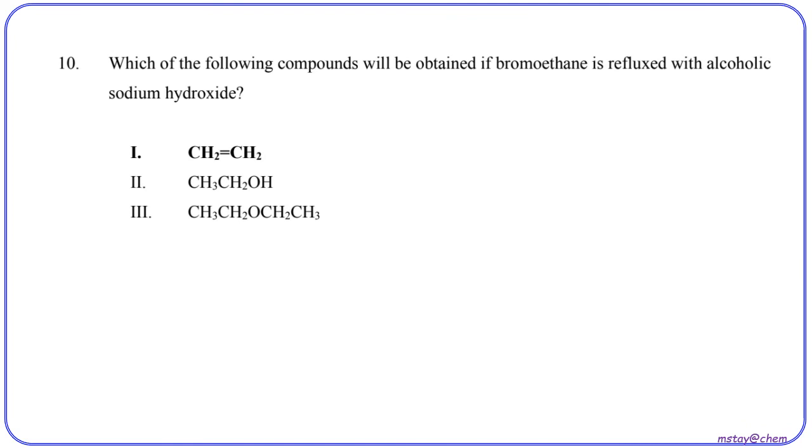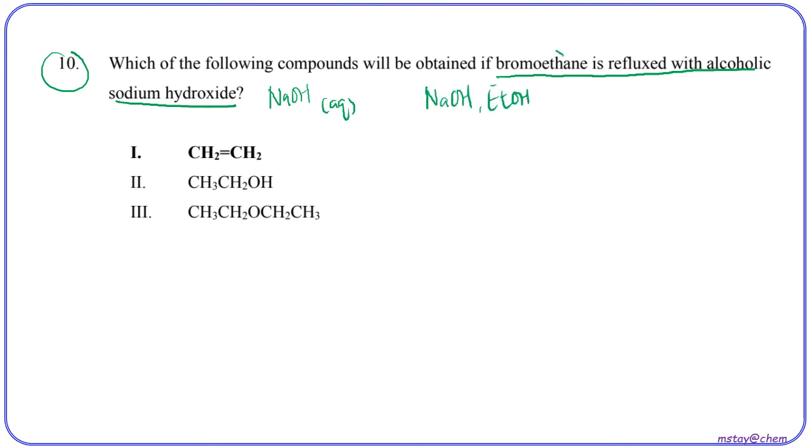Last question, objective question number 10. Which of the following will you obtain if bromoethane is refluxed with alcoholic sodium hydroxide? As we know, we have aqueous NaOH and also NaOH in ethanol.